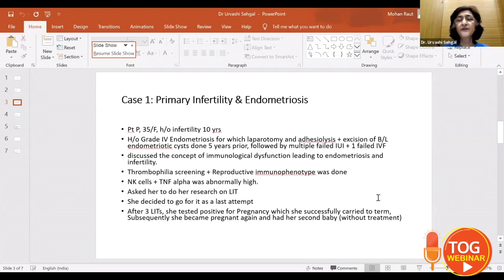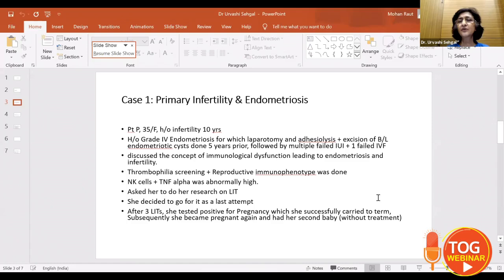I thought of the immunological factor because everything else was normal. Since everything else was normal and she had this problem of endometriosis, and she was not able to conceive even after she had gone through the clearing of her endometriosis, what remained in my mind was that maybe her immune system is what is dysfunctional.